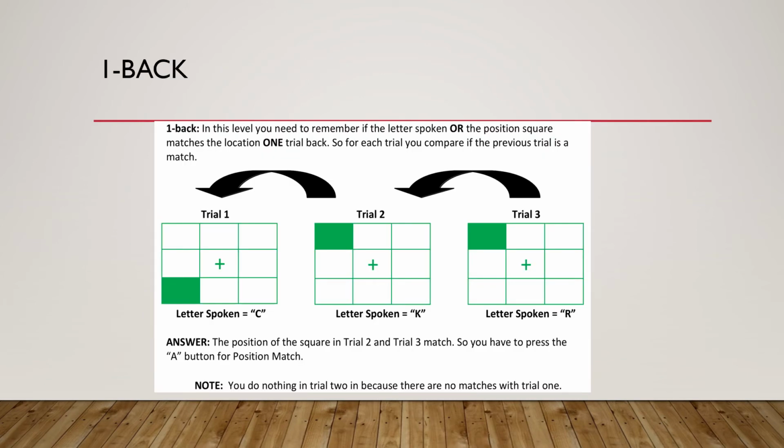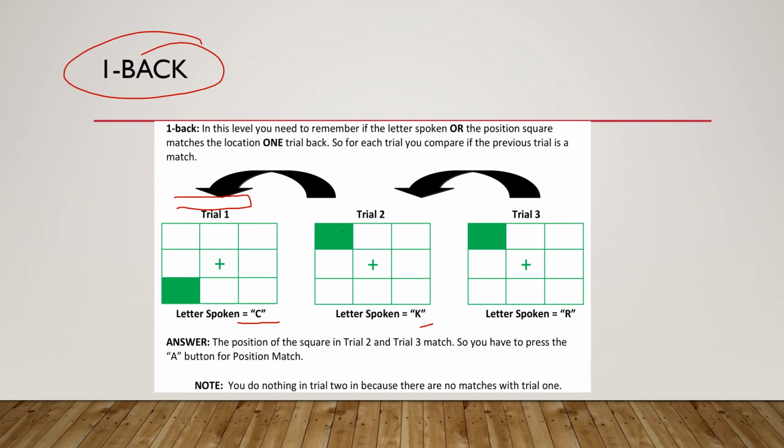So, if we have told you that you are 1 trial back, you will need to remember things from the previous trial. For example, for trial 1, we have the spoken letter C, and this is where the box is. On trial 2, the spoken letter is K, and the box is here.